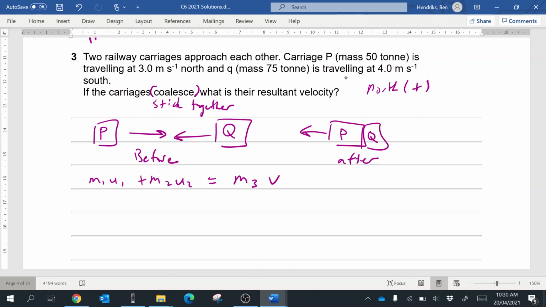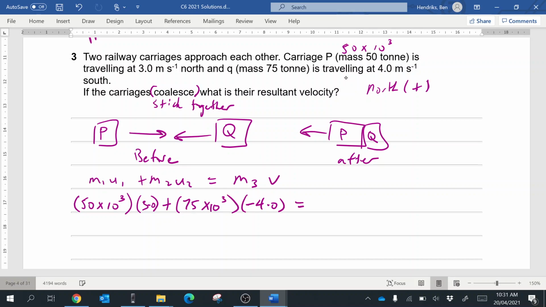M1 and U1: it was 50 times 1,000, so that's our first mass, 50 tonnes, which we can rewrite as 50 times 10 to the 3. That's going north, and north we've said is positive, so that's 3, plus 75 times 10 to the 3, and U2 is 4.0 metres per second, but it's negative 4.0, because we said north was positive.